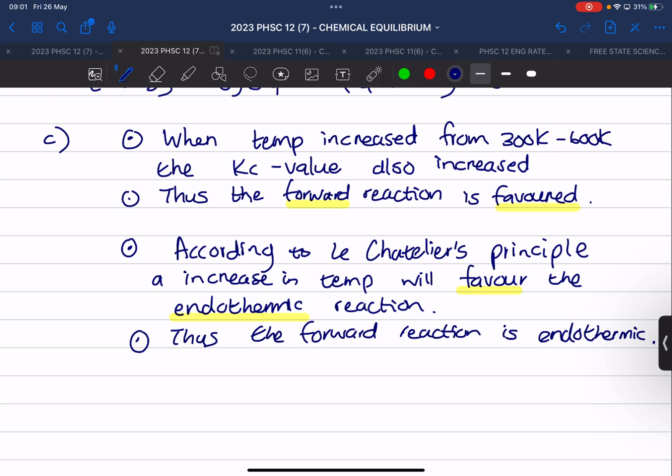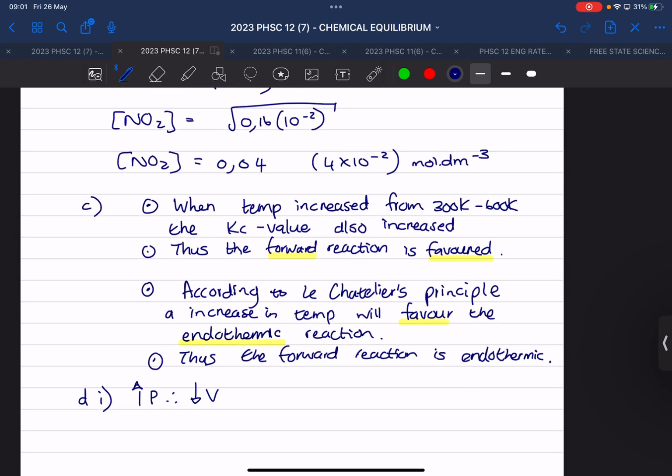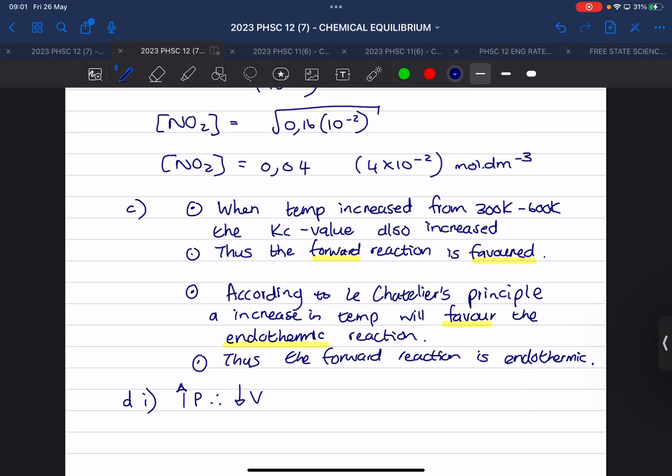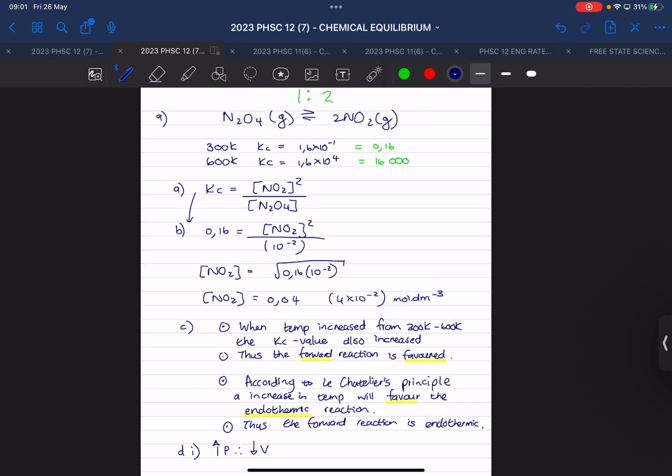Okay, then question D. What effect will the increase in pressure, with the temperature remaining constant, have on the system? An increase in pressure means a decrease in volume. Then at question 1, they ask what will that have on the equilibrium position?